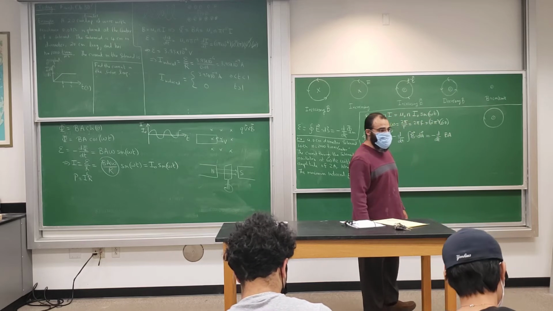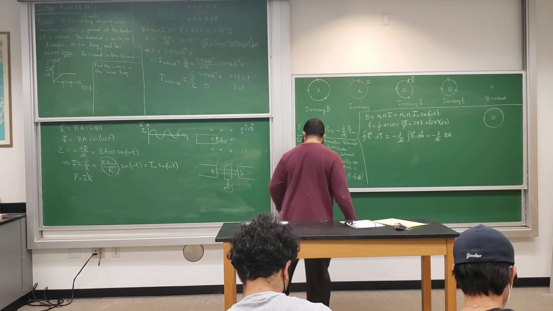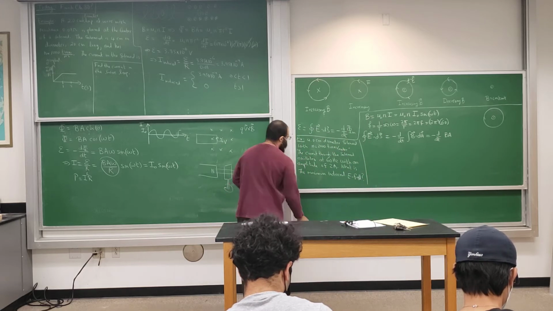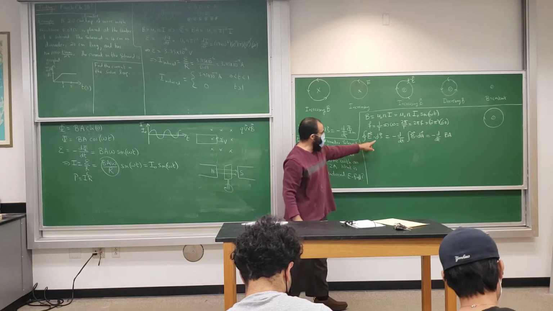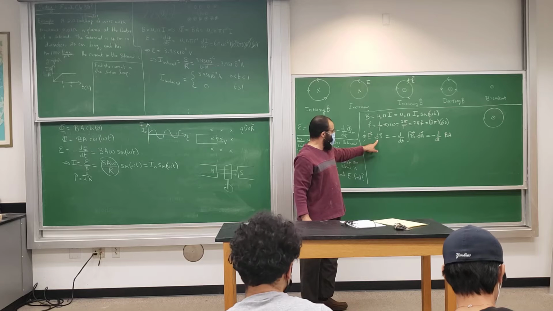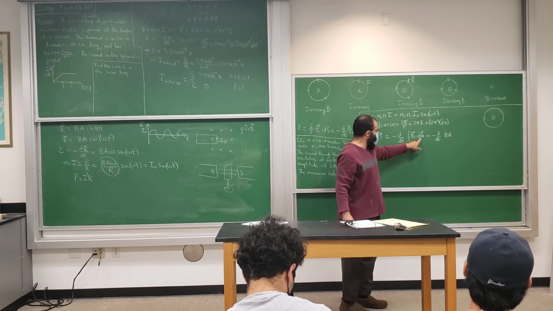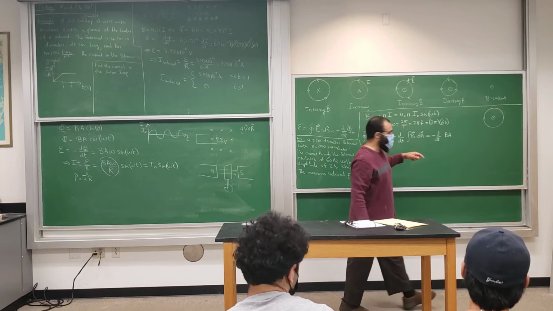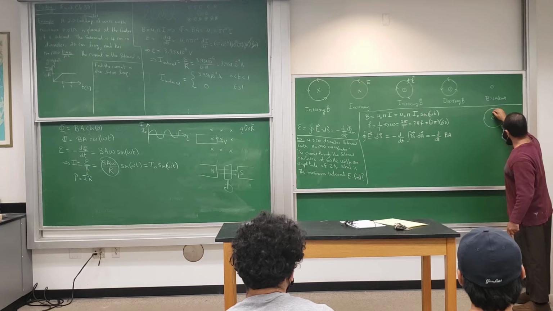Now choose a loop of radius r. I'm going to choose a loop because the left side here says E dot ds. ds is a closed loop, and dA is the area bounded by that loop. So the area will be on the plane of the board, and ds will look like that.